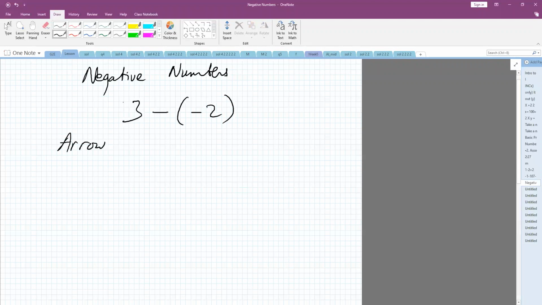If you have a number, you can have positive and negative, right? So the positive number can be drawn using an arrow that is pointing to the right. Yeah. And then the negative number can be represented by using an arrow pointing to the left.